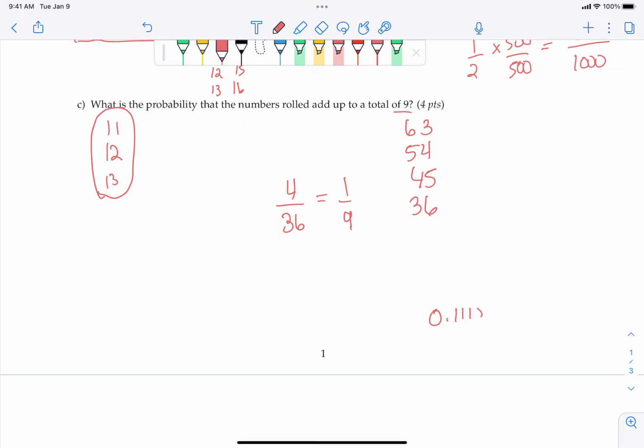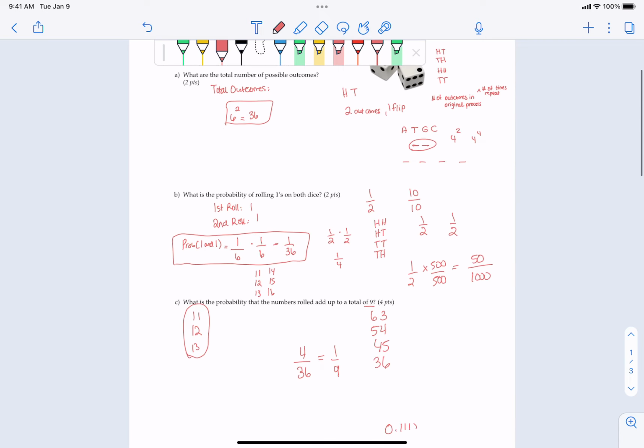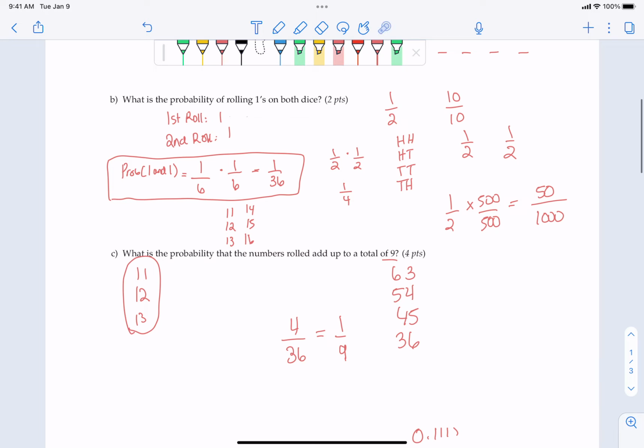That's a very straightforward problem overall. Just make sure to remember that when you have independent processes, and they're asking you for the probability of getting a specific outcome, you multiply the probabilities together.